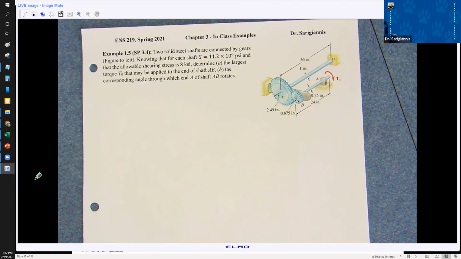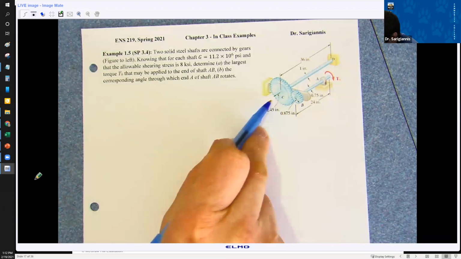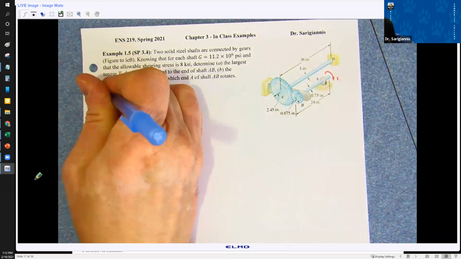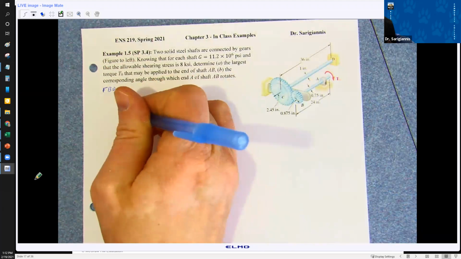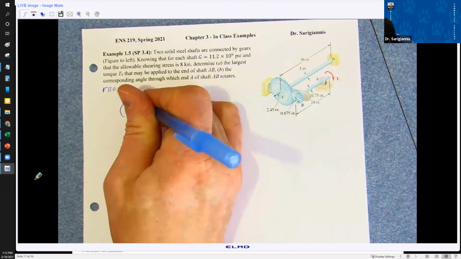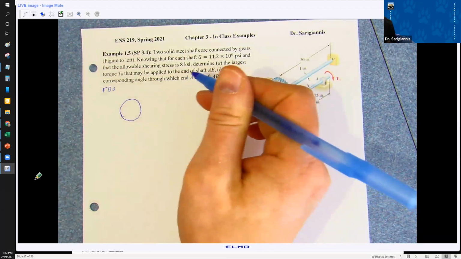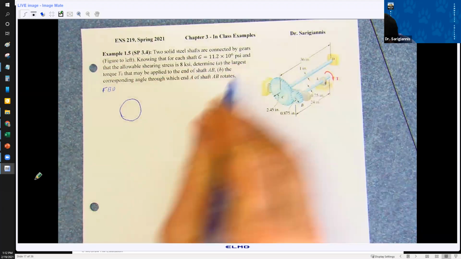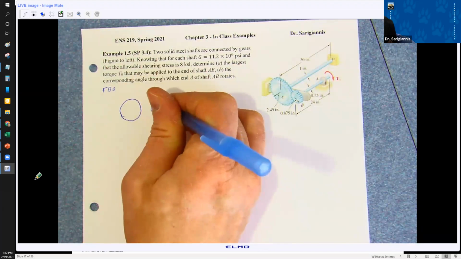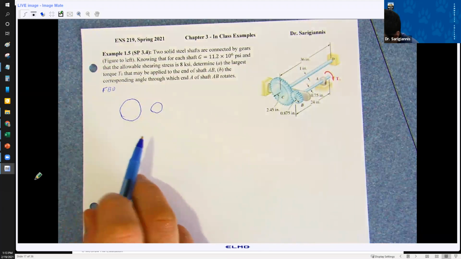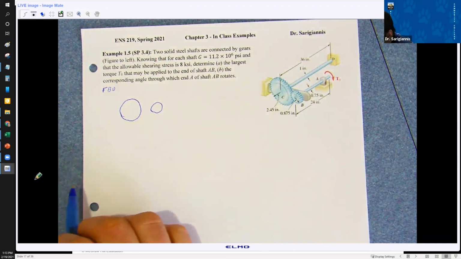The first thing I'm going to do is draw a free body diagram of these gears, looking head on at the gears. I'm going to separate them by a slight distance just so I have room to put notations in. The gears are actually coupled with each other, but I'm separating them just so I can see what's going on, and they'll be coupled with forces.